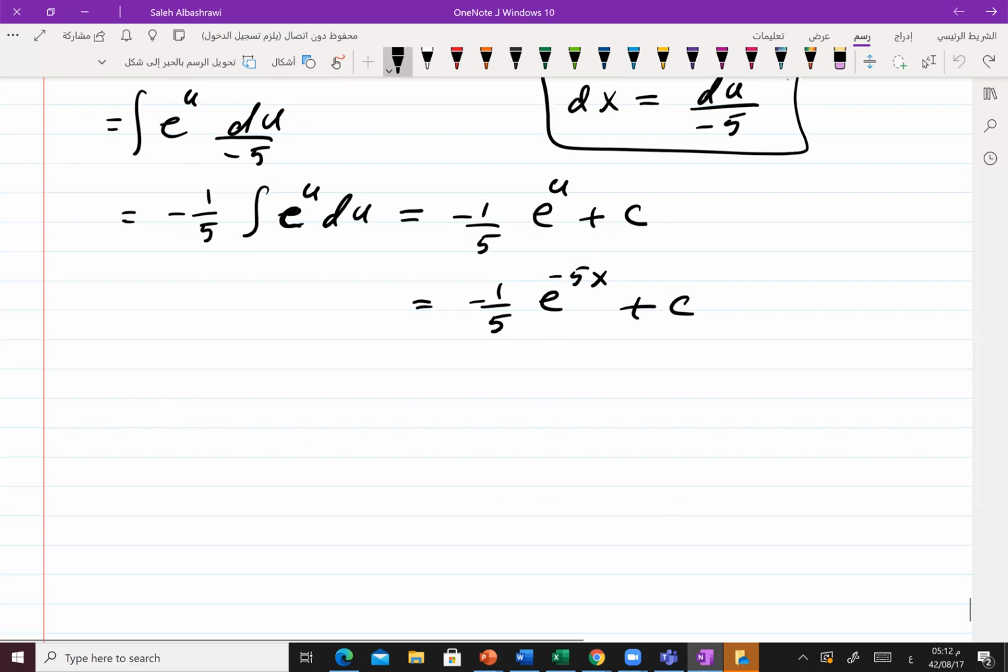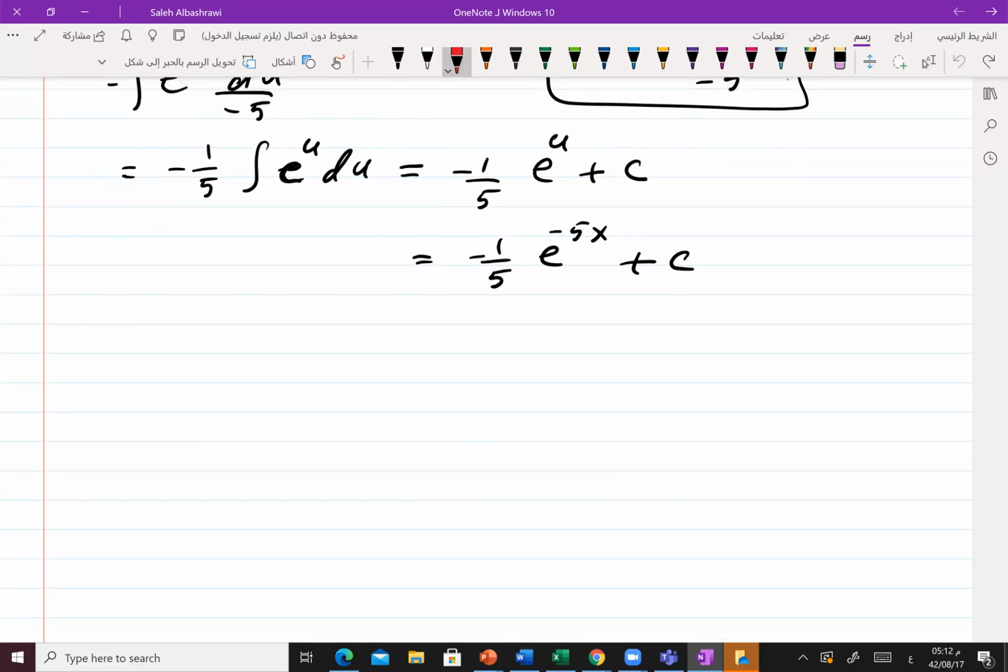One more example: the integration of the square root of e^x dx. We know that the square root means power 1/2.